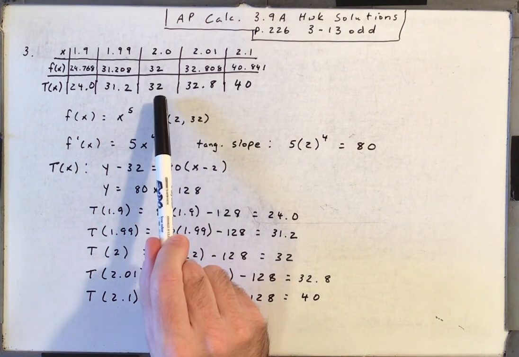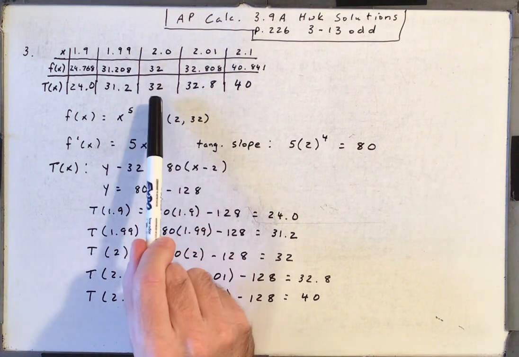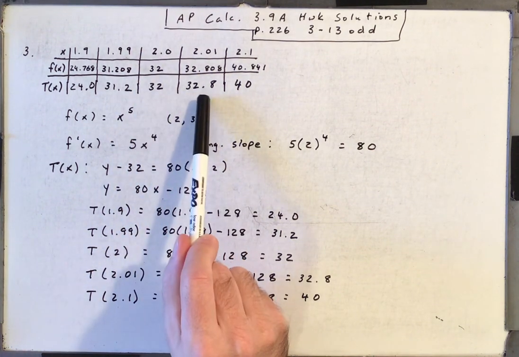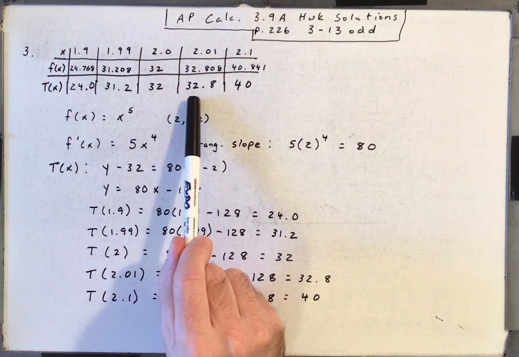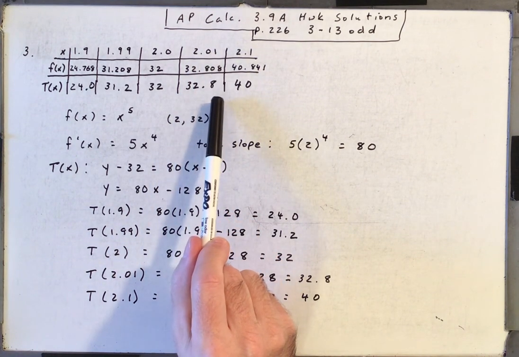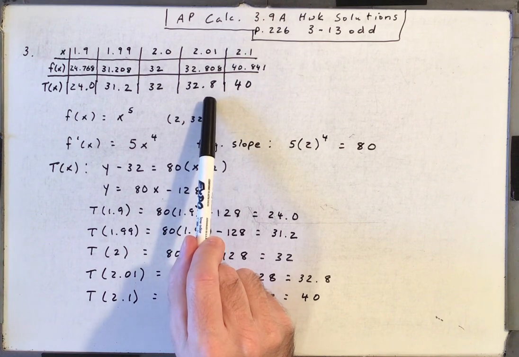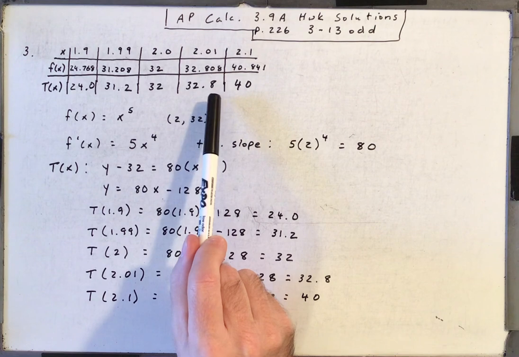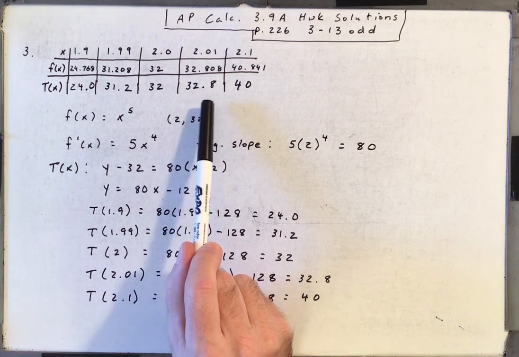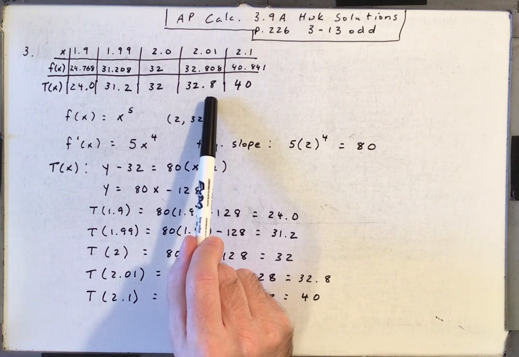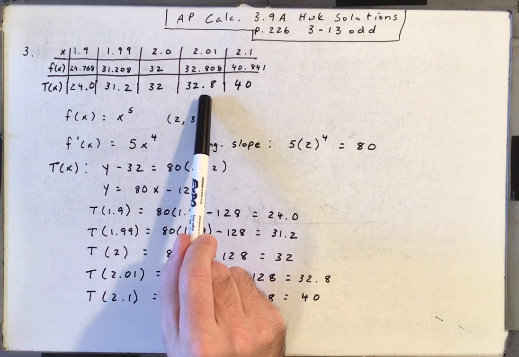And you can see that near the point of tangency, which is 2, if we go 1/100th to the right, we're only 8 1/1000ths away from the initial 32.8.